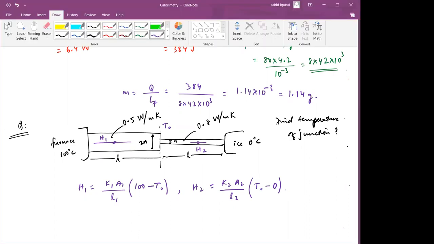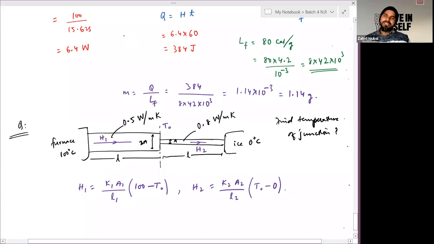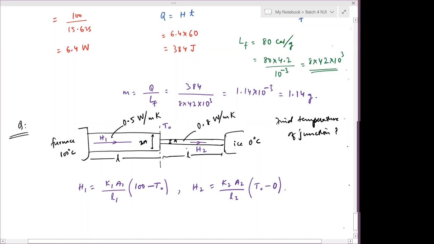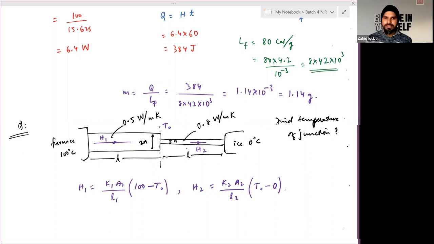According to the concept of series and parallel combination, what will you say about this arrangement? Is it series or parallel? Series. And we learned in class 10th that in series combination, current remains the same. So the current flowing through the first conductor must equal the current flowing through the second one.